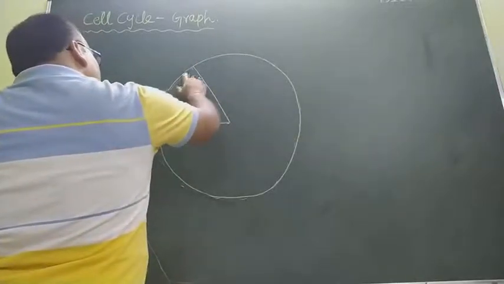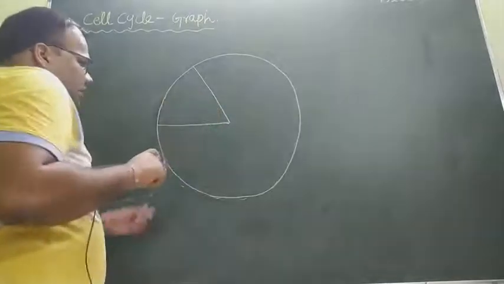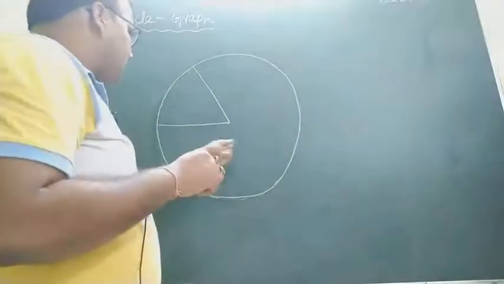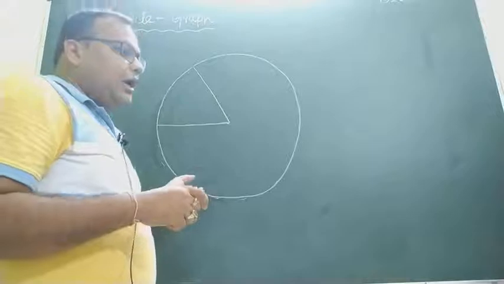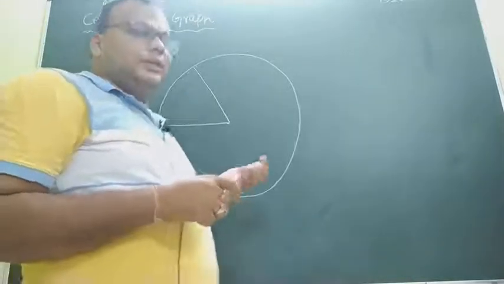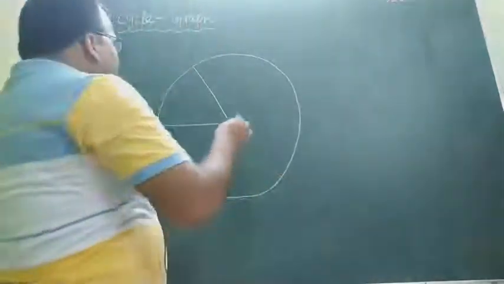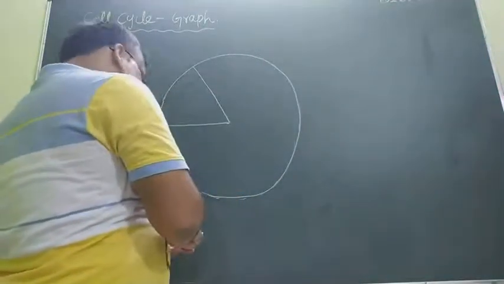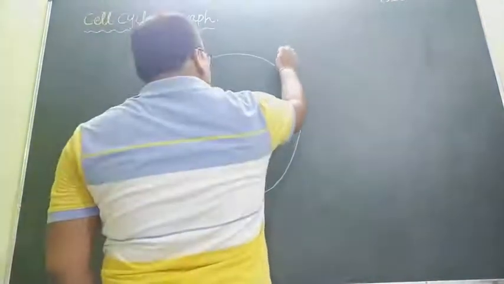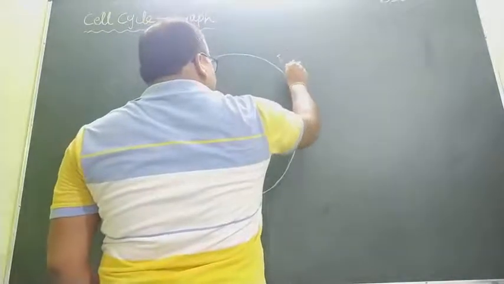So it is a smaller part, actually division part, and the major portion time period required by cell is actually its preparatory phase or interphase. So the longer duration of time the cell takes is called its interphase.